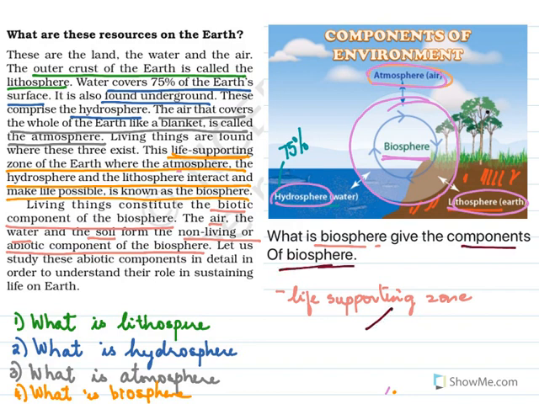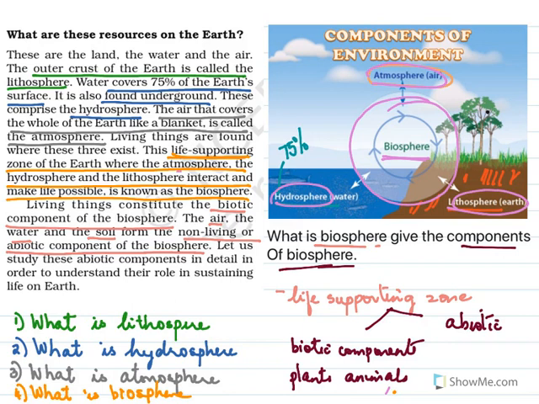The biosphere has two components, the biotic components, which are the living things like plants and animals, and then we have the abiotic components, like the soil, the water, the air.